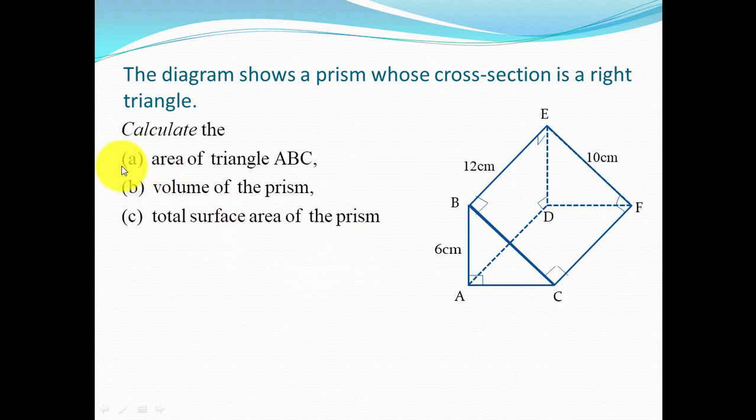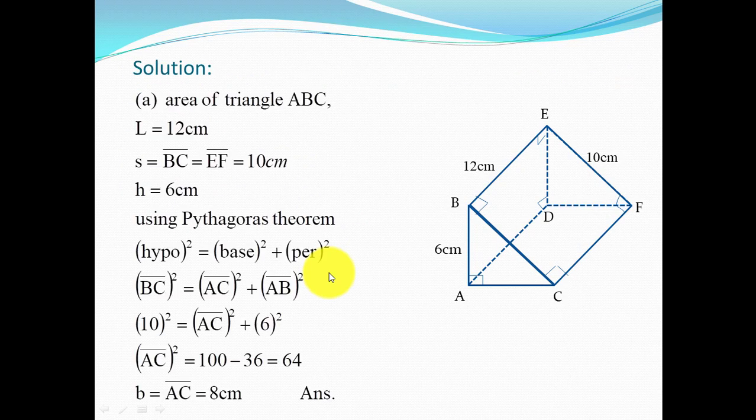First of all, let's see the first part, the area of triangle ABC. Here this length is given but this length is not given, but you can work it out from the figure. The length EF and the length BF are the same, so its length is written here as 10 centimeters. It means that BC and EF are equal, so BC is also 10 centimeters.